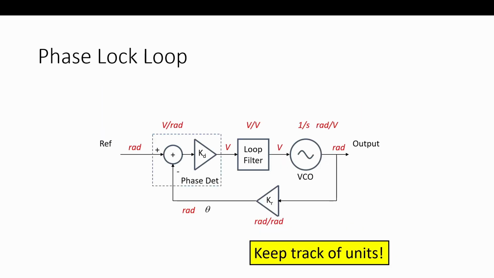Depends on the loop. So here's a phase lock loop that we'll see implemented. And again, keep track of units. So we're seeing in the components, here's the VCO, and it's converting voltage to phase as a phase detector was used. So we're putting it in units of phase, and 1/s radians per volt, volts to phase.